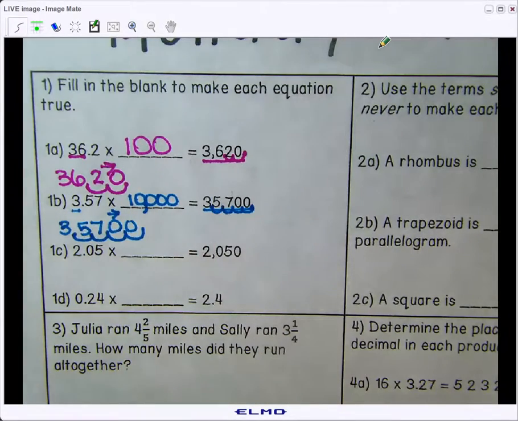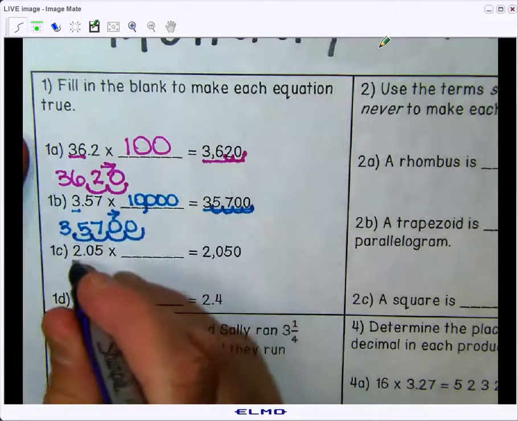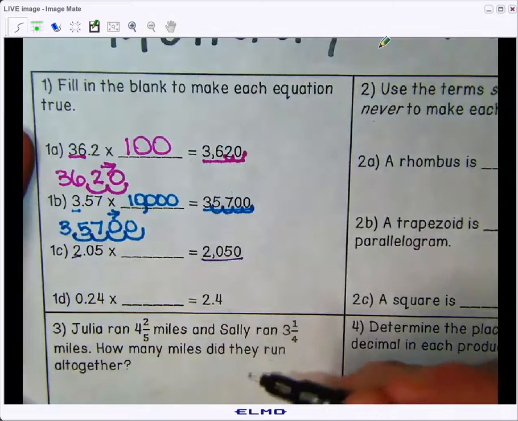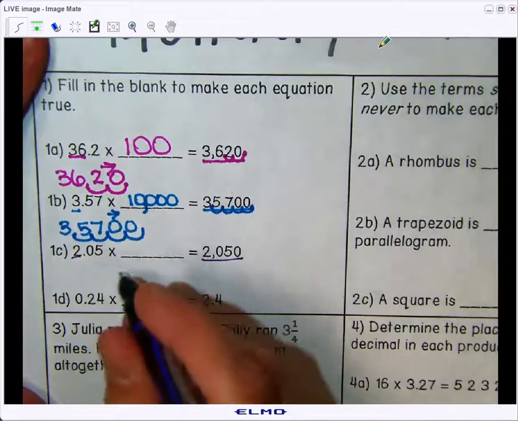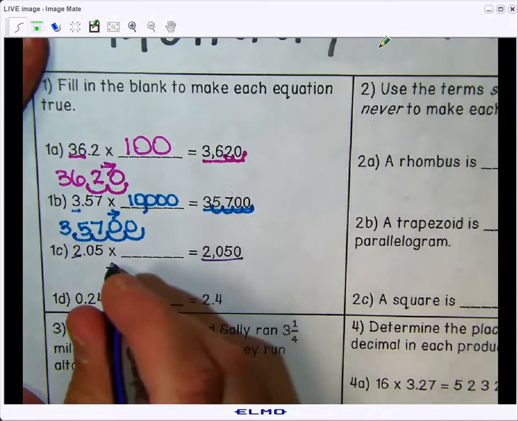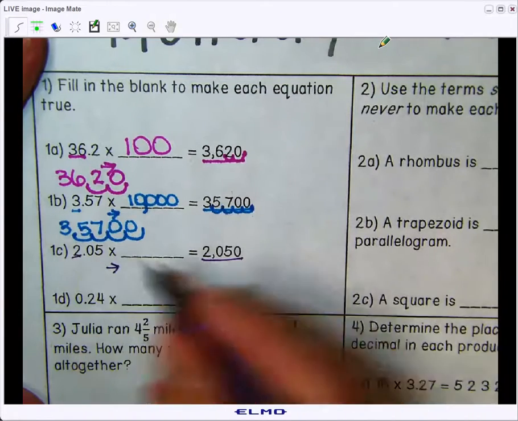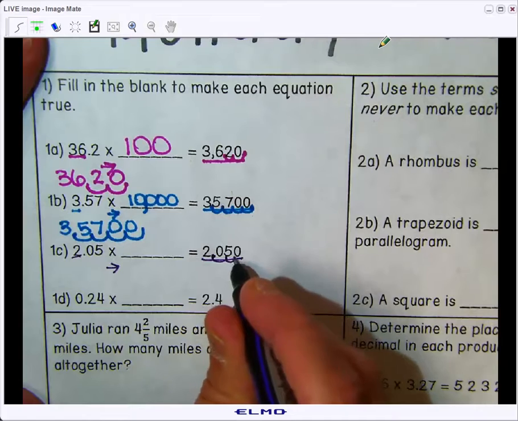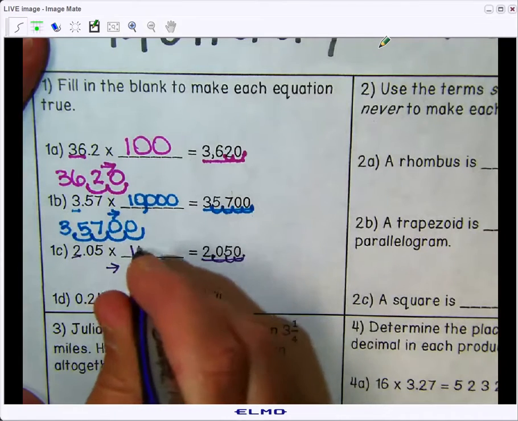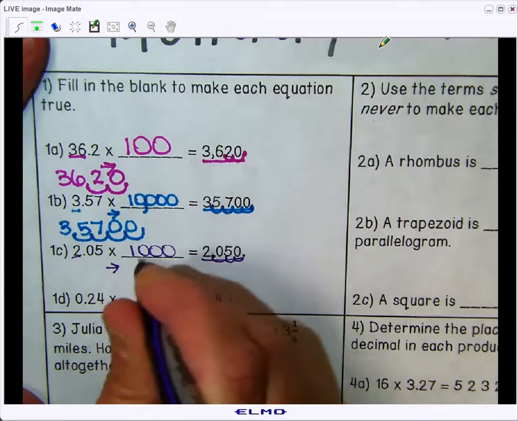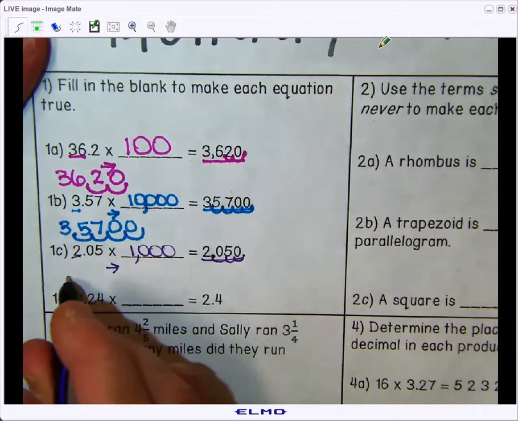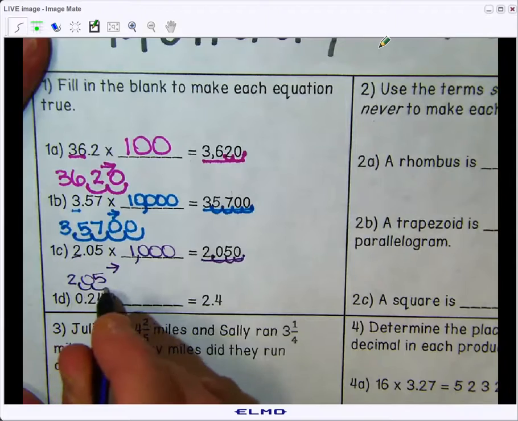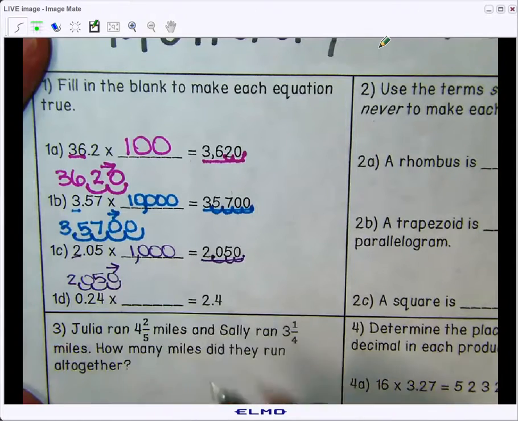Next, we have a whole number of 2 and then 2,050. So we will be multiplying and moving the decimal point to the right. So if it is here, we're moving it 1, 2, 3 times. So 1,000. So when we check, move it 1, 2, 3 times, we have 2,050.